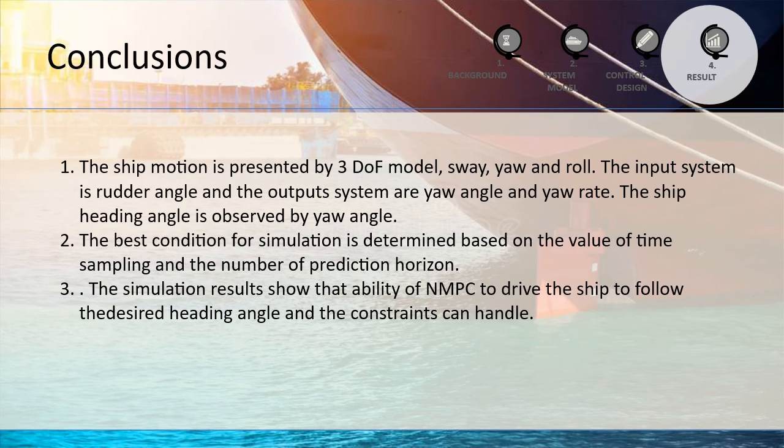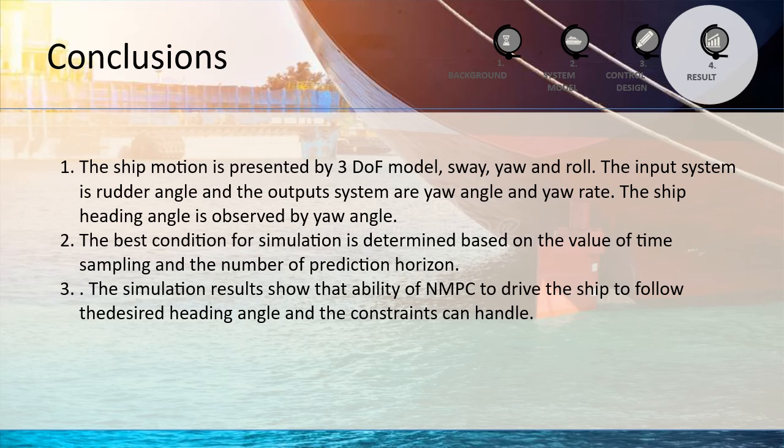Well, the design of ship heading control using NMPC was discussed. The ship heading control is obtained based on the mathematical model. The ship motion is presented by a 3 degrees of freedom model: sway, yaw, and roll. The input system is rudder angle, and the output system are yaw angle and yaw rate.